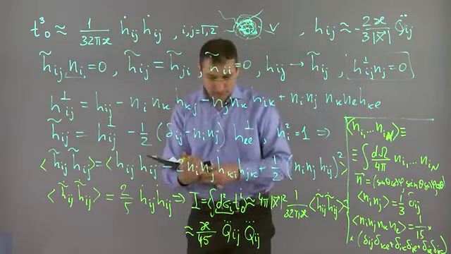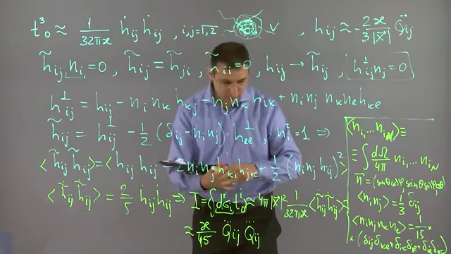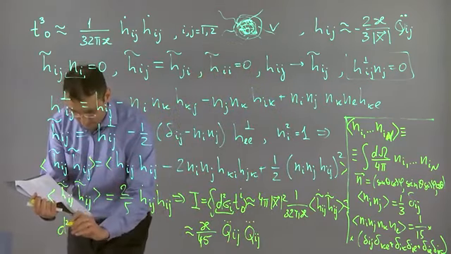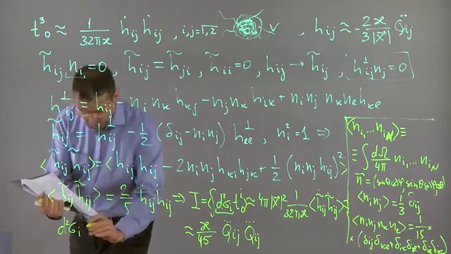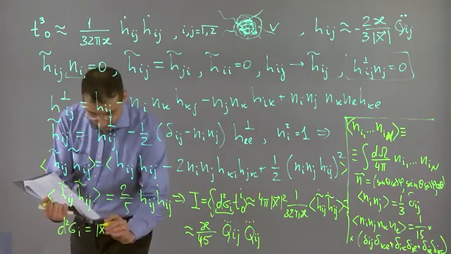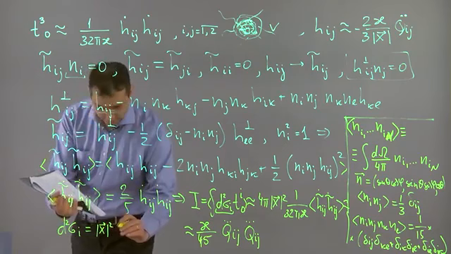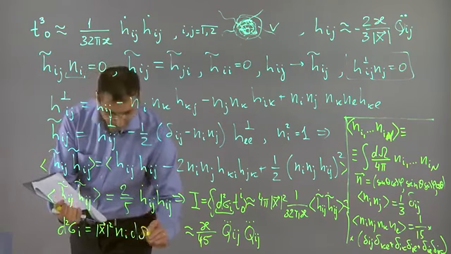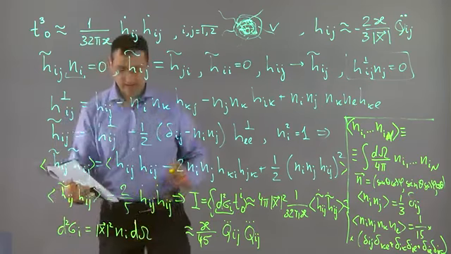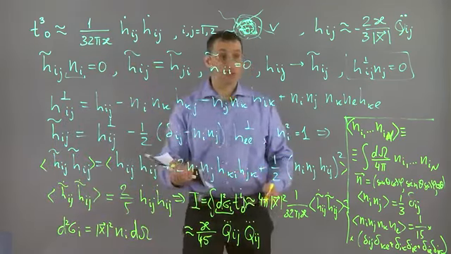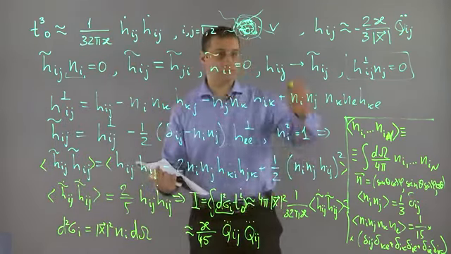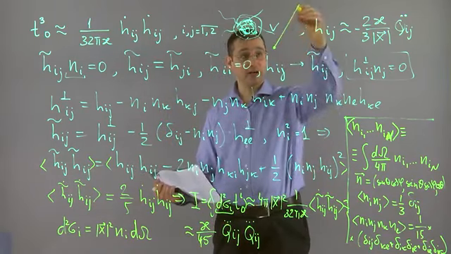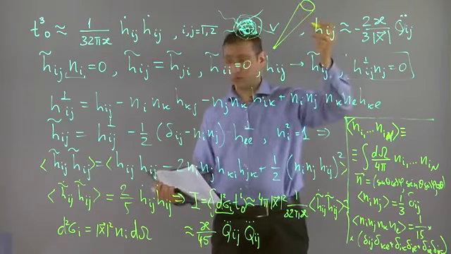Just to explain this formula, let me write what d2 sigma I is. It's just x squared times ni d omega. To understand what's going on, we have a source of radiation here, and we have a solid angle.